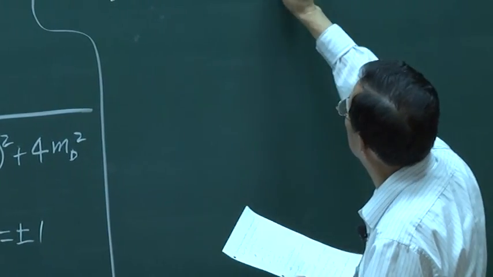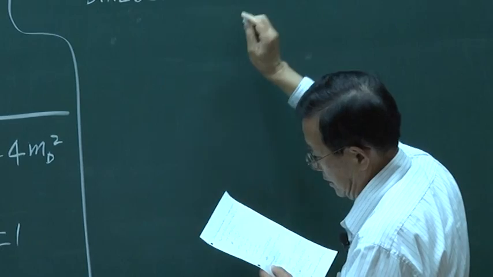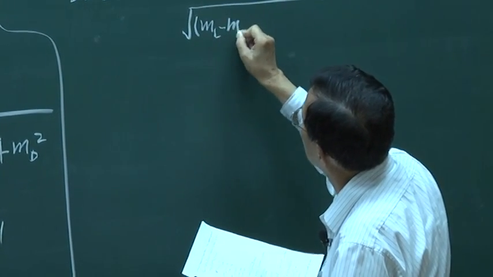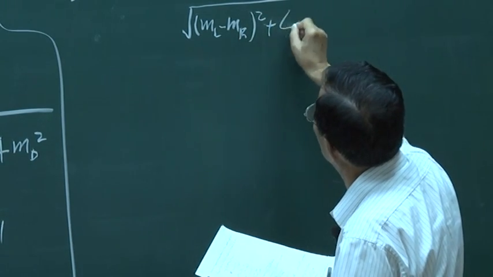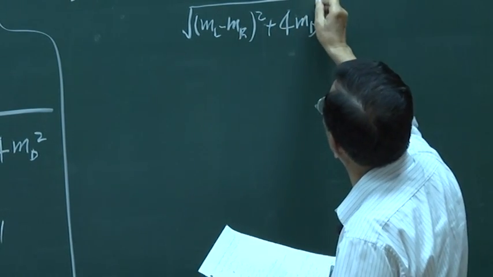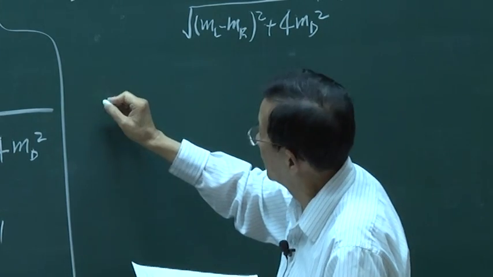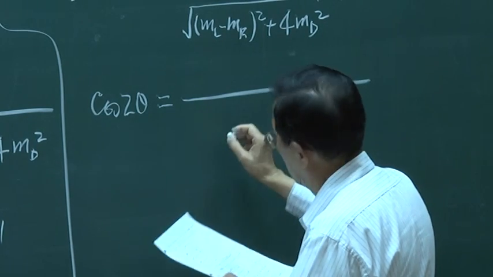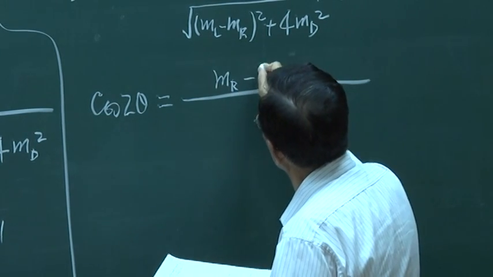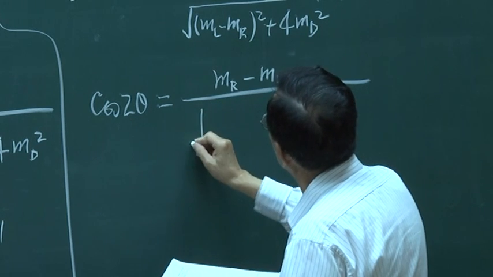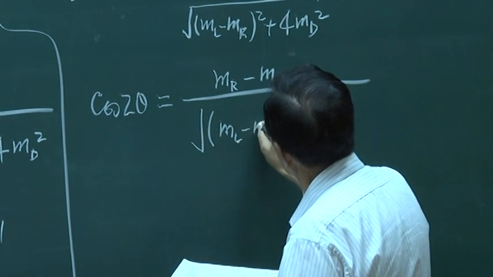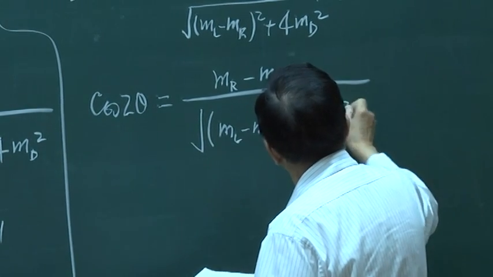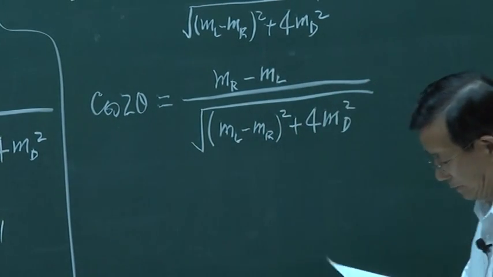So this is equal to 2 m D over the square root of (m L minus m R) squared plus 4 m D squared. And then cosine 2 theta is equal to (m R minus m L) over the square root of (m L minus m R) squared plus 4 m D squared. Okay?